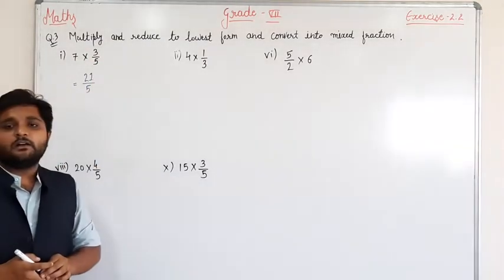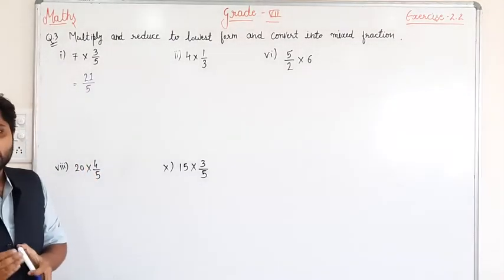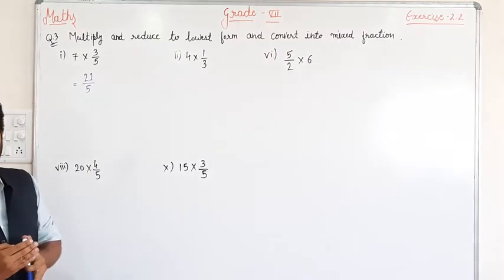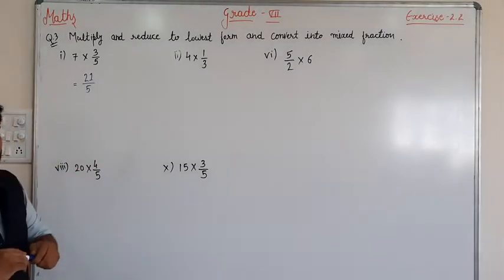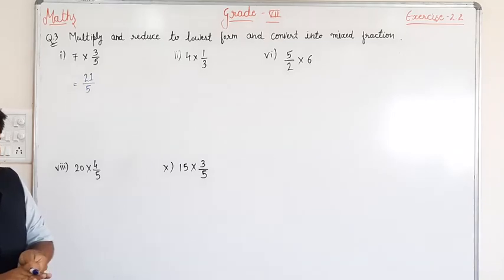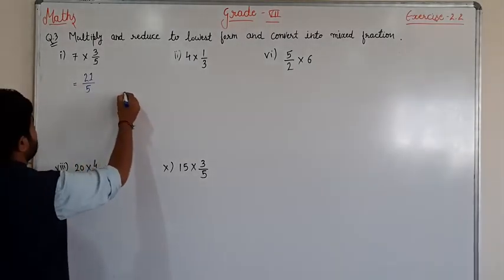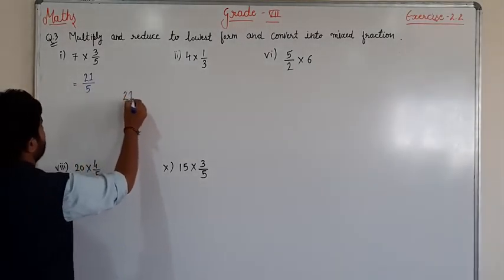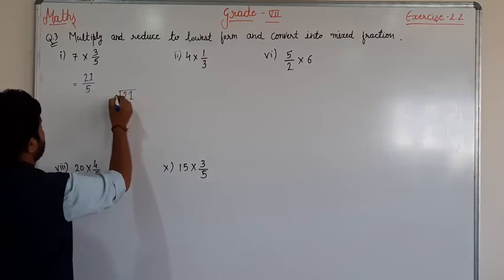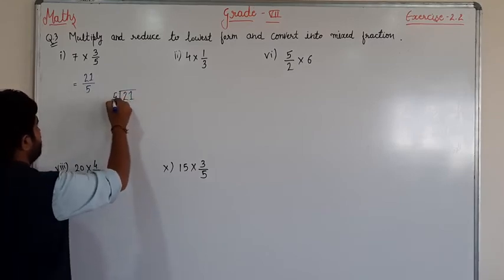Now friends, it is an improper fraction, so let me convert this improper fraction into a mixed fraction. We can convert it by division, or also we can convert it directly. 21 divided by 5.